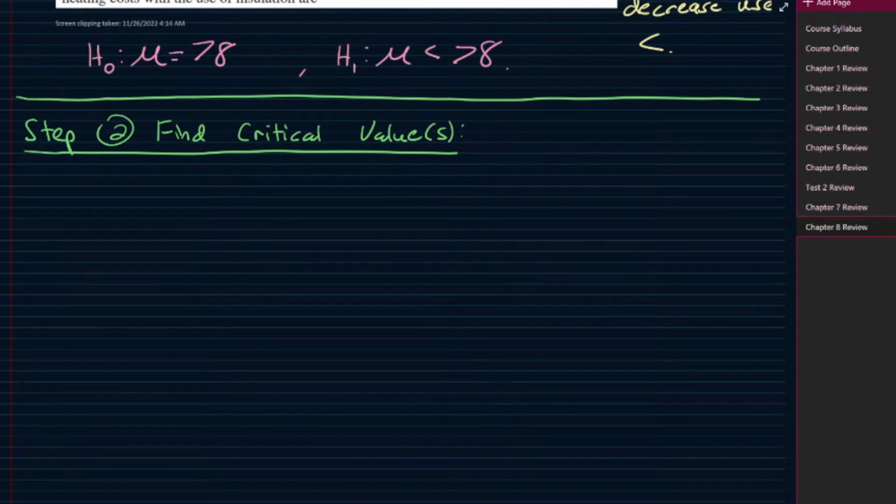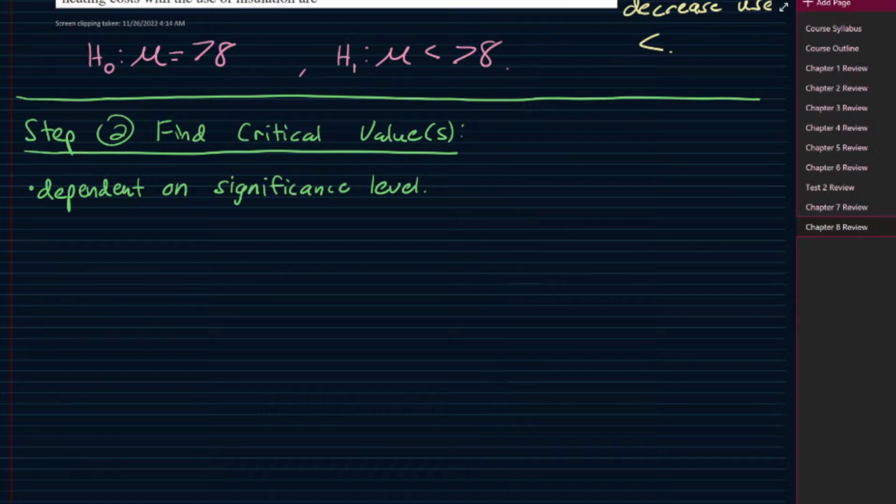Okay, so let's talk about this for a bit. This is dependent on the significance level. This goes back to our confidence intervals, essentially.